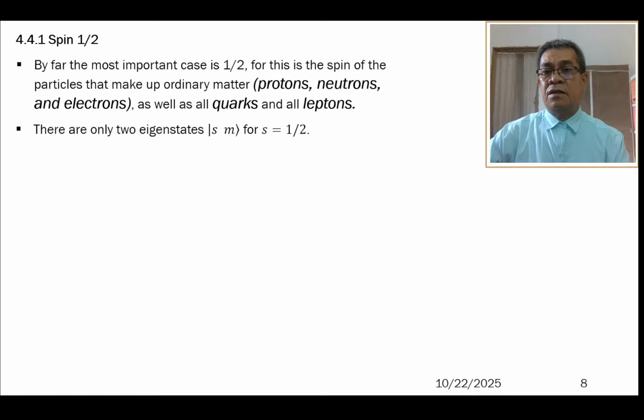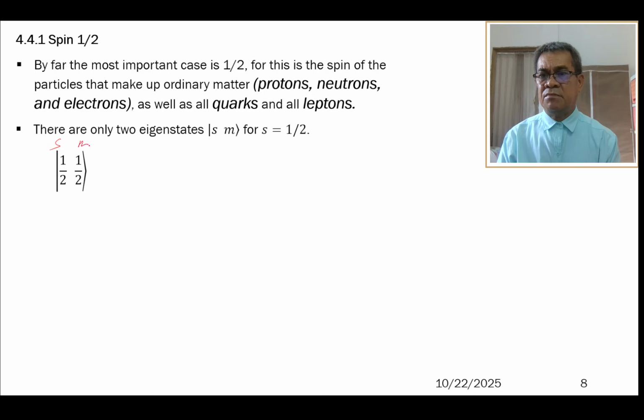Since we have only s equal to one half, there are two states of m. What does it mean? We have only two states for s equal to one half. What are they? We have the state s is one half, and this is m.